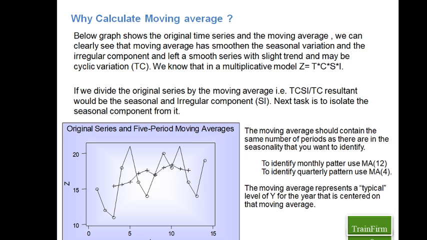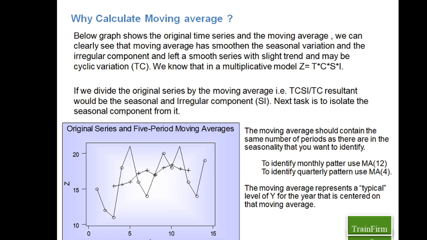If you remember, there are 4 components in a time series: seasonality, trend, cyclical, and irregular. So if I take the moving average from a total time series, I'm eliminating the SI component, the seasonal variation and irregular variation, which leaves out the TC, the trend and cyclical variation alone.